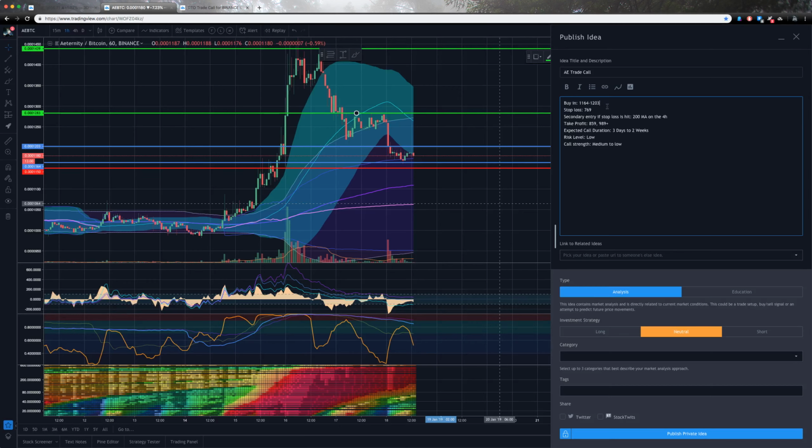123. Beautiful. We're going to have a stop loss B. 1150, second entry if stop loss hits. 500 MA on the 1 hour.